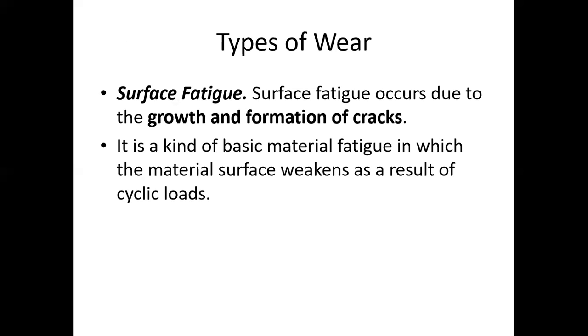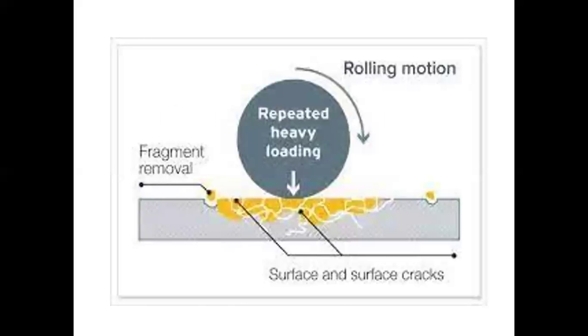The last type of wear is surface fatigue. Surface fatigue occurs due to the growth and formation of cracks. Take note, because of cracks. It is a kind of basic material fatigue in which the material surface weakens as a result of cyclic load. To illustrate surface fatigue, we have here also an image. We have repeated heavy loading causing an impact on this particular surface.